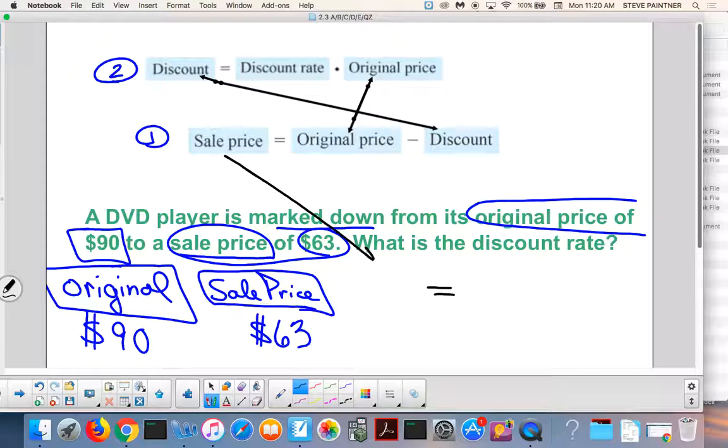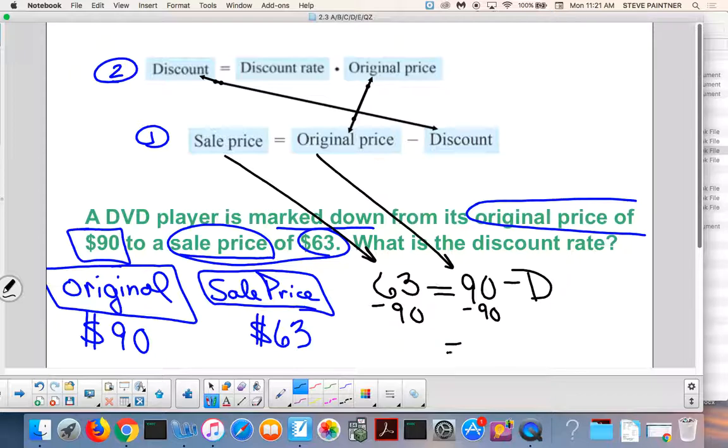Sale price is what? 63. Original price, 90. Take off the discount. Call it D for discount. Okay, solve that equation. How do you solve? Minus 90. The only problem here is this.